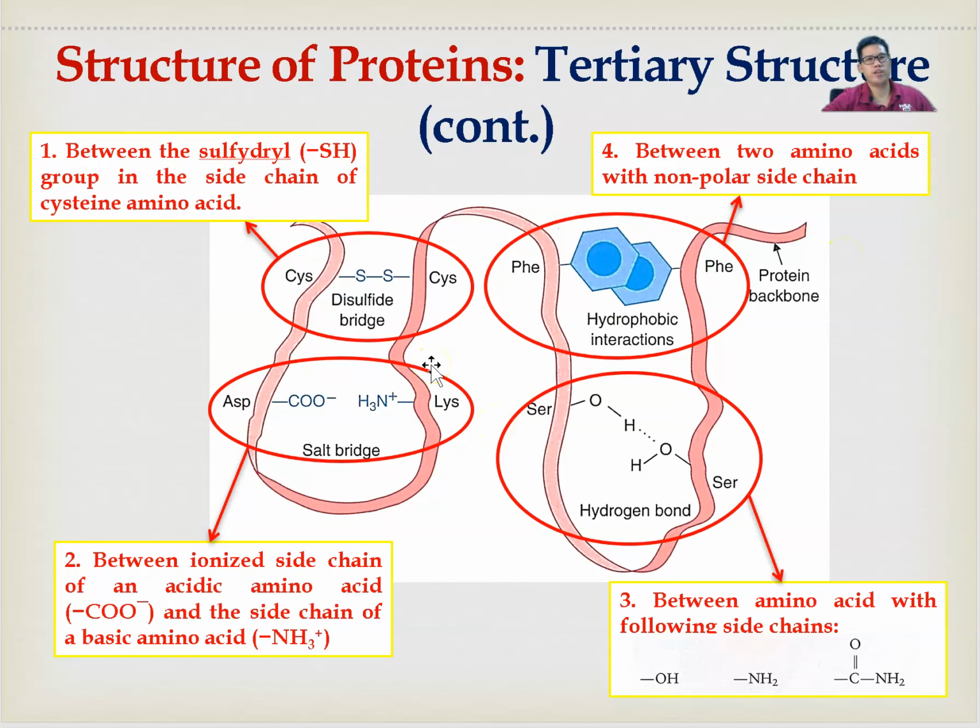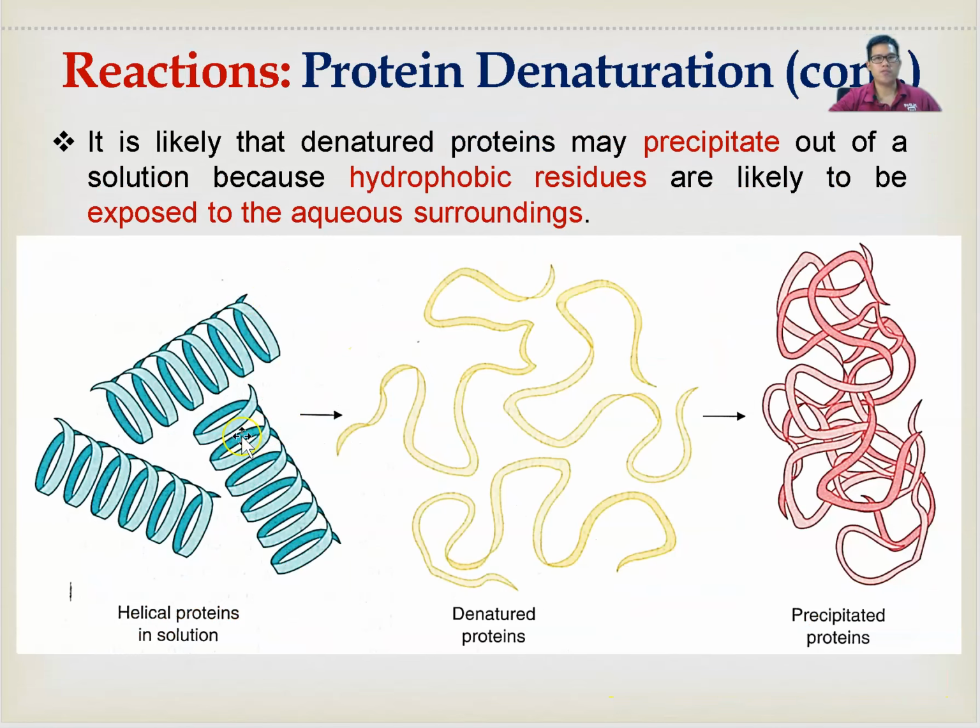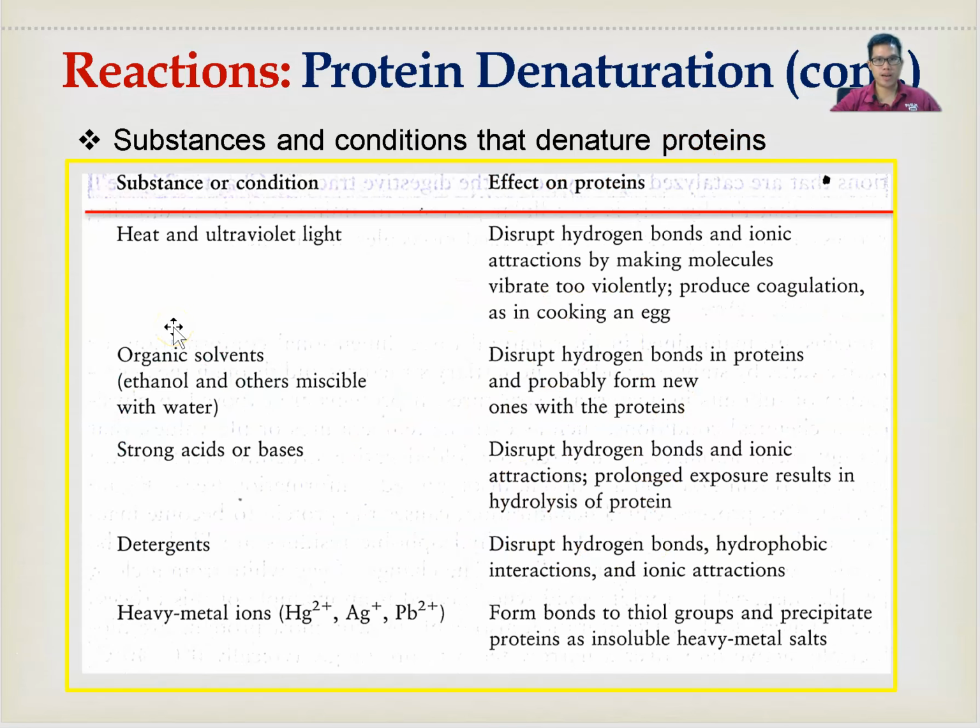Tertiary can be affected, secondary structure can be affected. Once unfolded, they expose all the unnecessary groups, leading to precipitation or interaction between the denatured proteins. So these are some of the conditions that can lead to denaturation: heat, ultraviolet, organic solvents, strong acid or base, detergents, heavy metals, and so forth.